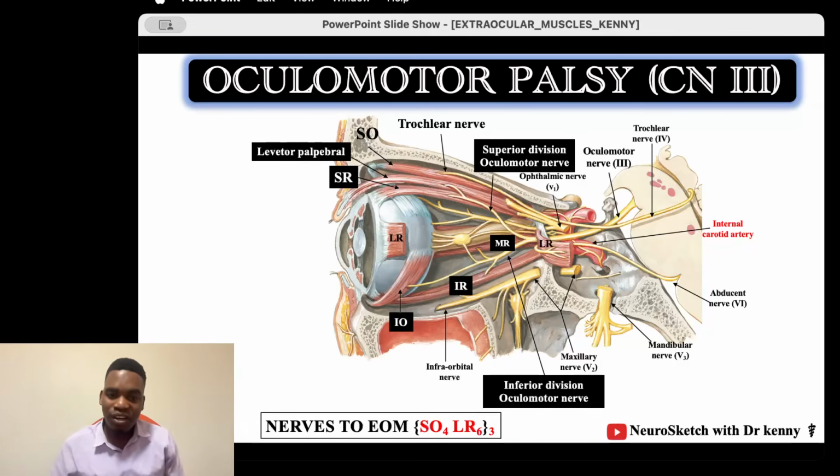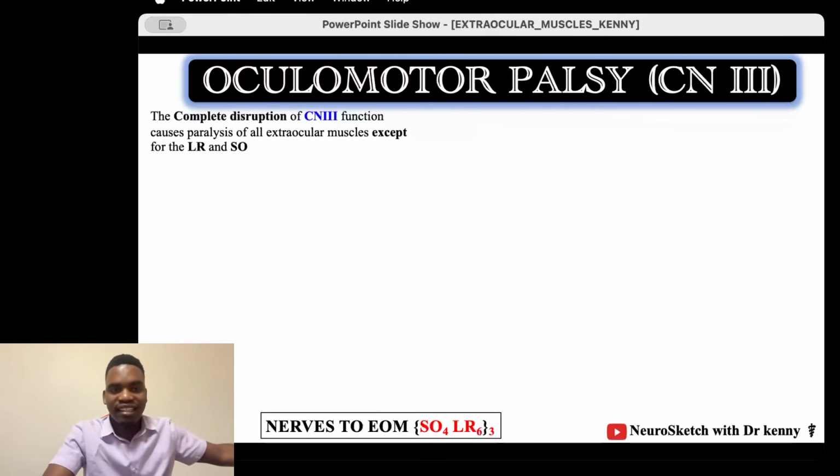So first of all, we go back to square one where we discussed the muscles that are innervated by the oculomotor nerve. Remember that all muscles are innervated by the oculomotor nerve with the exception of the superior oblique muscle and the lateral rectus muscle. This is the discussion from the other time, okay?